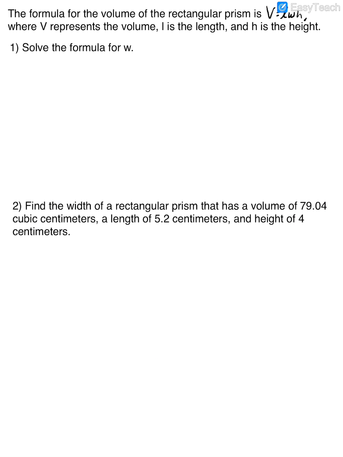Okay, next one here, it says the formula for the volume of a rectangular prism is V equals L times W times H, where V represents the volume, L is the length, and H is the height. So I want to be able to solve the formula for W. So L, W, H, and this is an L, by the way.